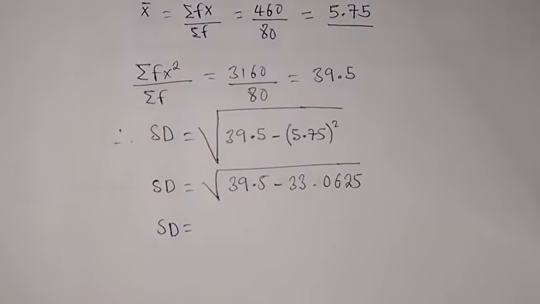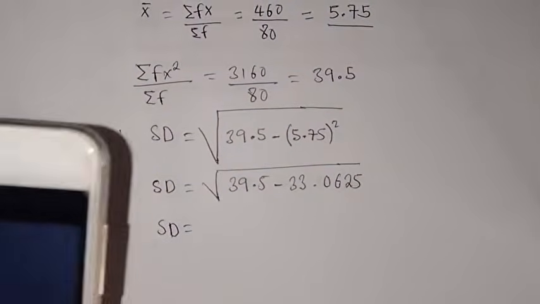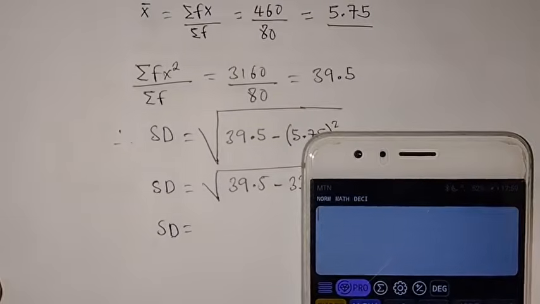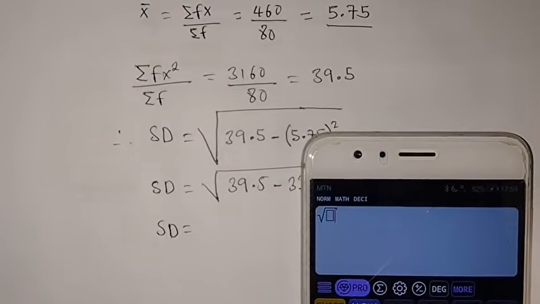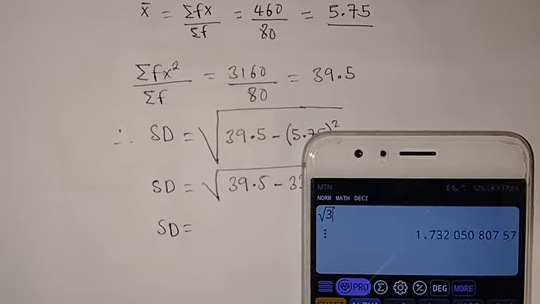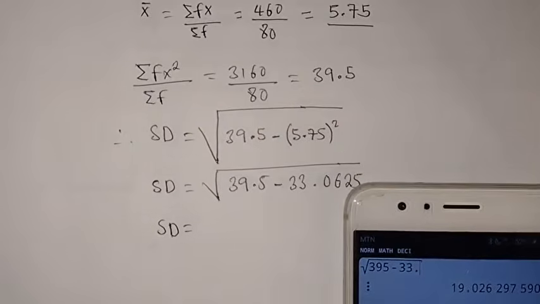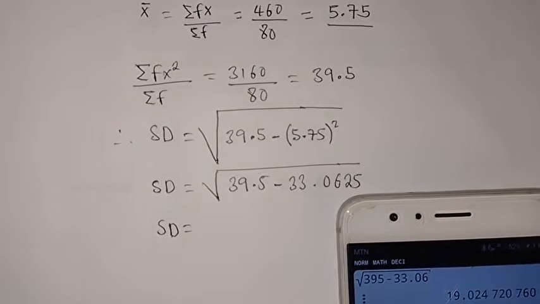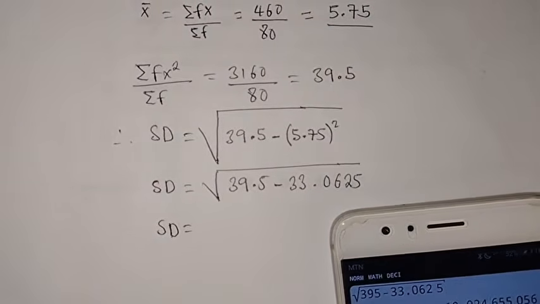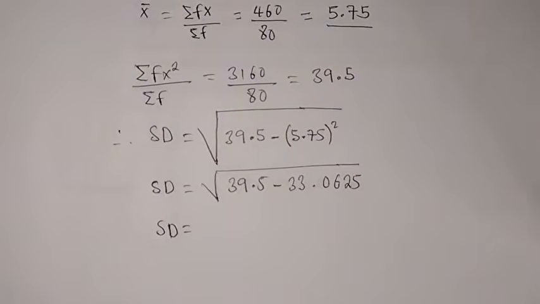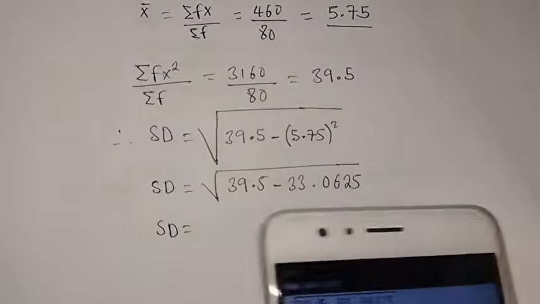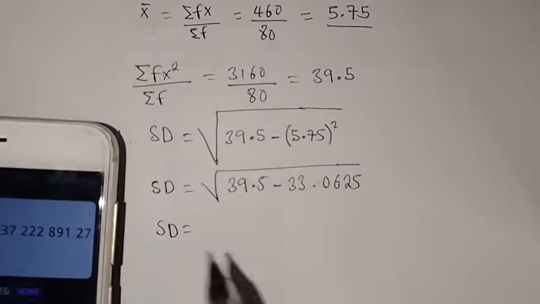So for me, I'm just showing you, that's why I'm writing like this. So from here now, if you get the square root of this, you can press on your calculator. I was just showing you, remember what I've said, square root of 39.5 minus 33.0625. So what are we going to get? Let's write our answer. There should be a point here.